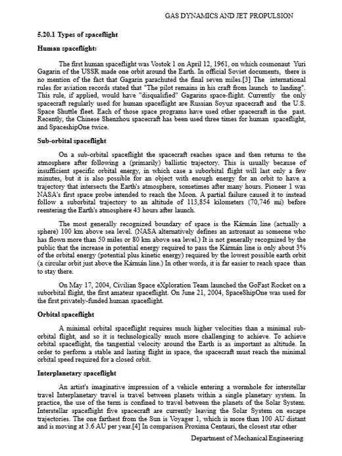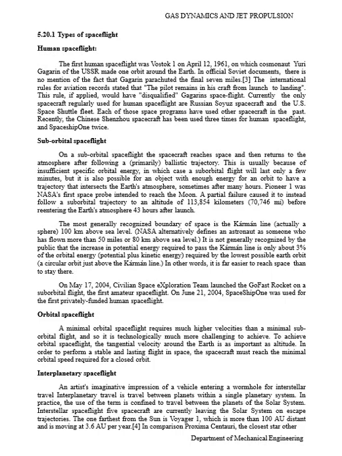Recently, the Chinese Shenzhou spacecraft has been used three times for human spaceflight. Suborbital spaceflight: on a suborbital spaceflight, the spacecraft reaches space and then returns to the atmosphere after following a ballistic trajectory.